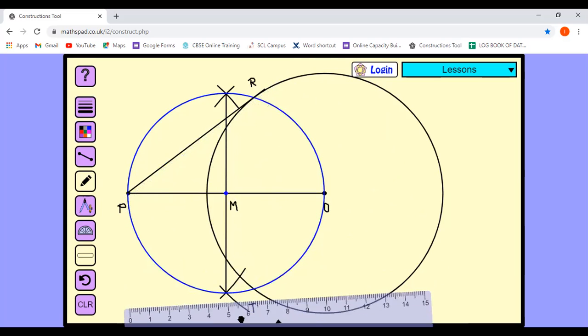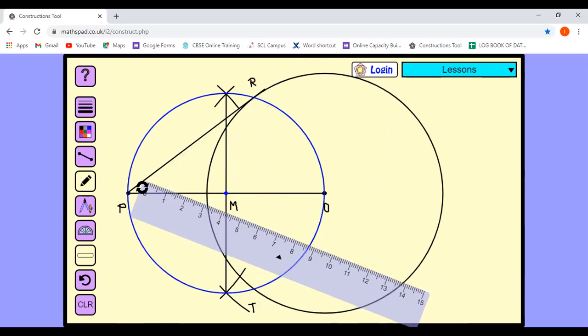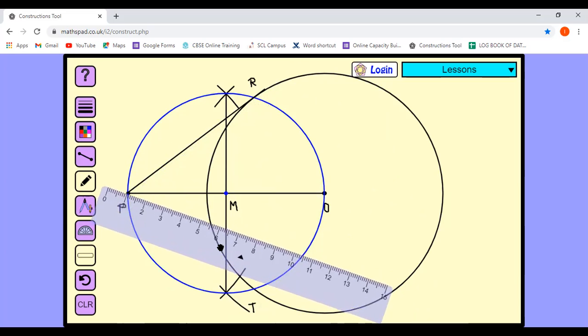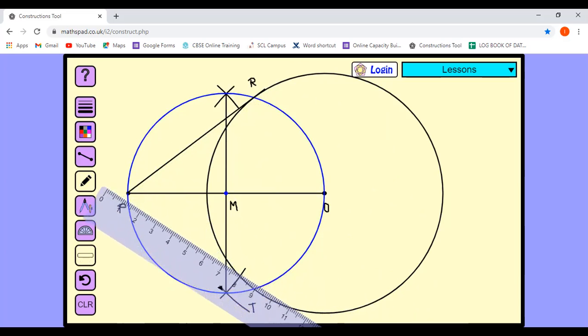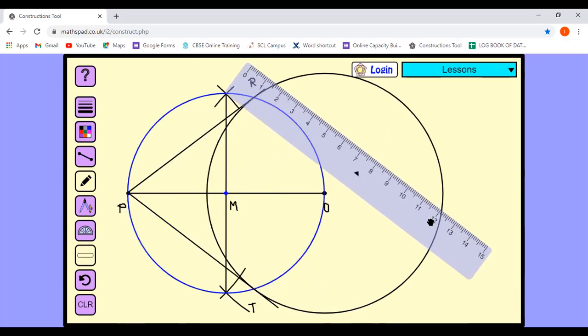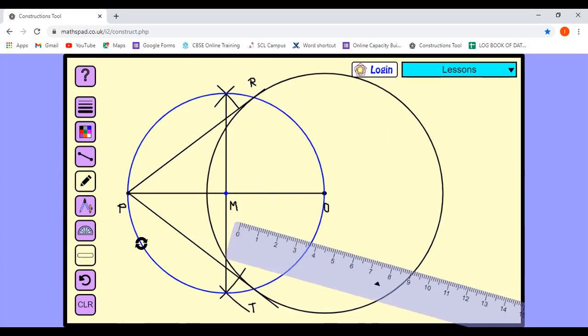So just join P and T also. All right. So now PR and PT are our tangents.